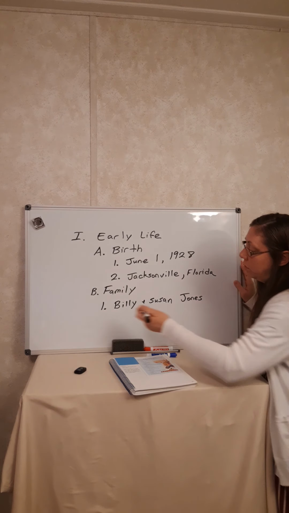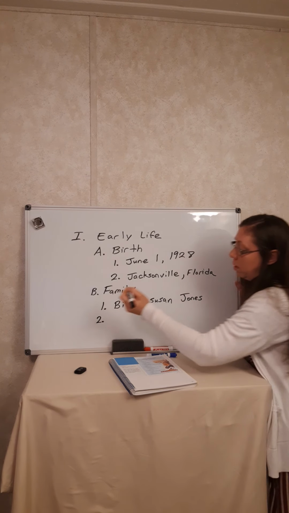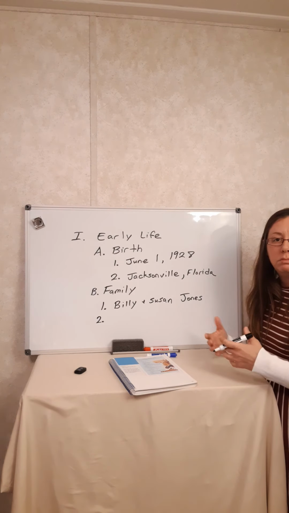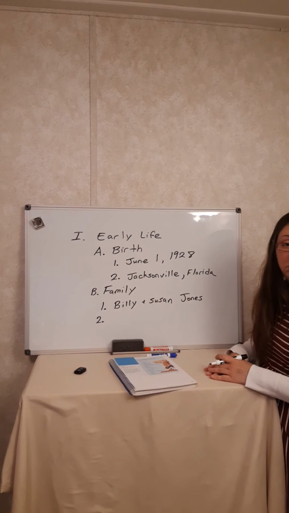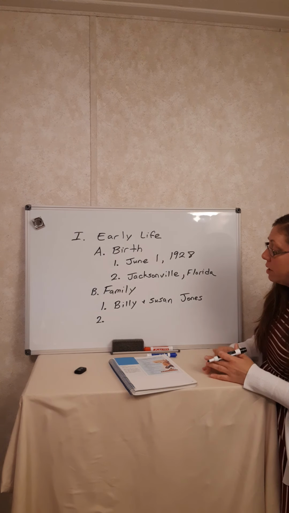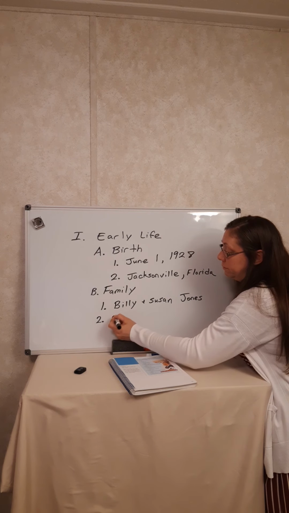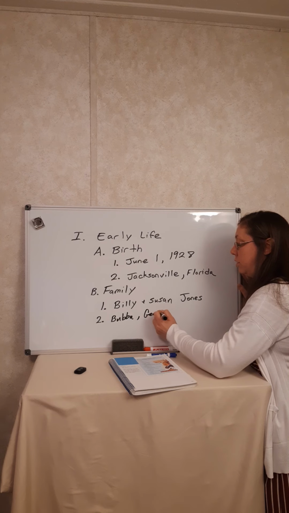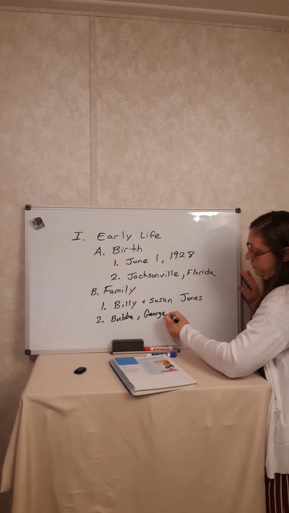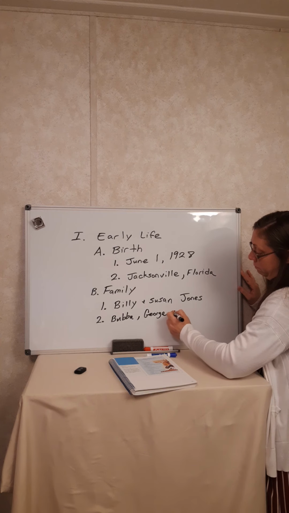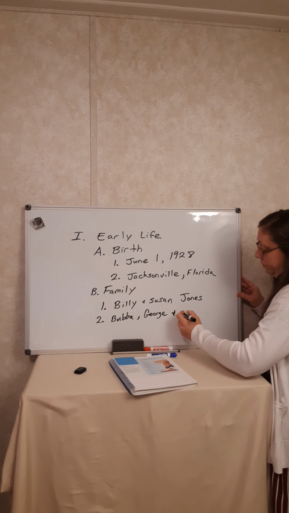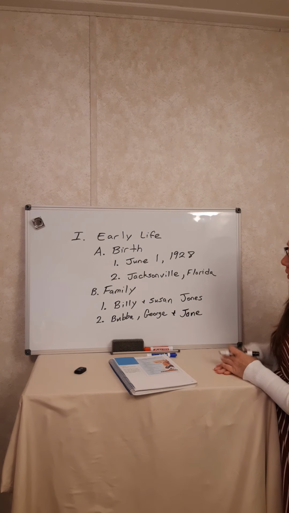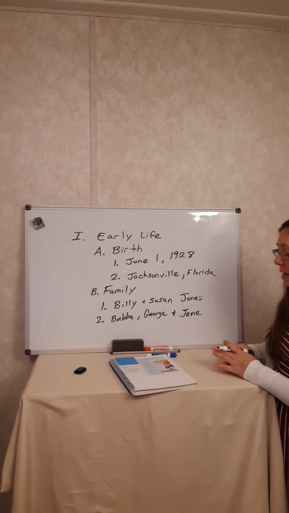And then number 2, if it doesn't list their siblings, there may be something other significant about where they lived or their living situation when they were young. They may have listed their siblings. It might be Bubba, George, and I don't know, Jane. So this is how you're organizing your paper.